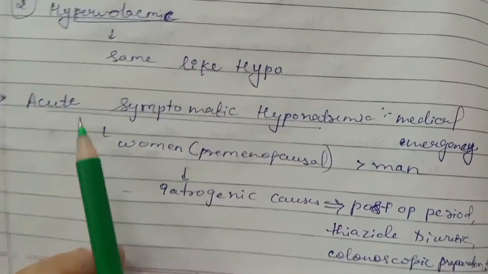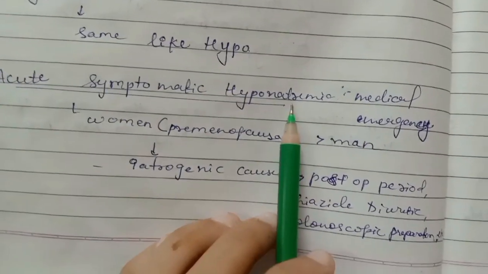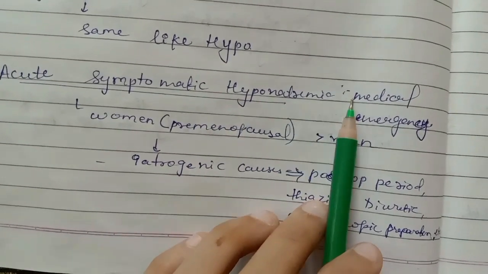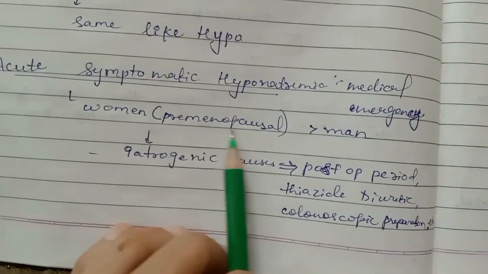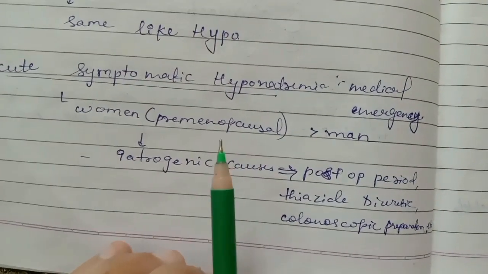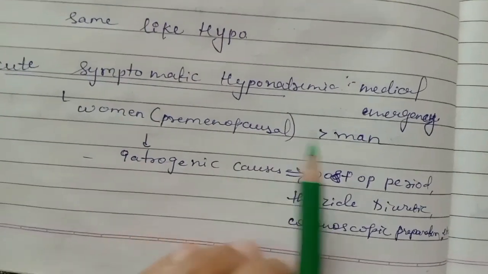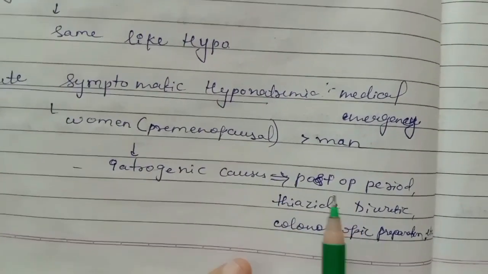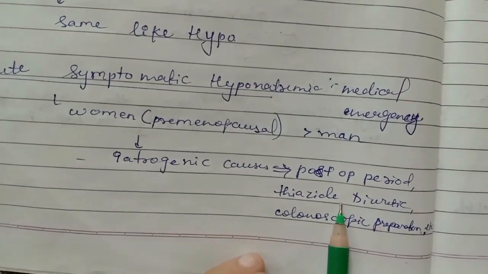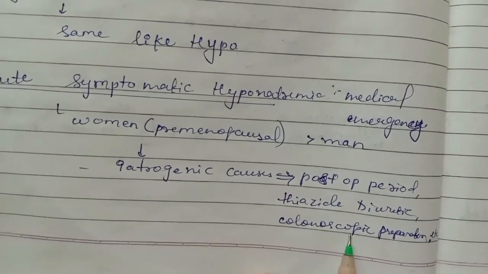It is a medical emergency. It is most common in women, mainly premenopausal women, and affects more women than men. It occurs because of iatrogenic causes like the post-op period, thiazide diuretics, colonoscopic preparation, etc.